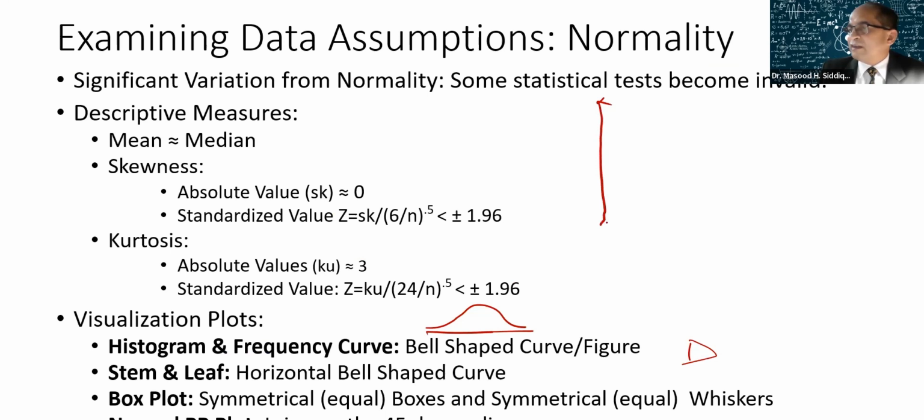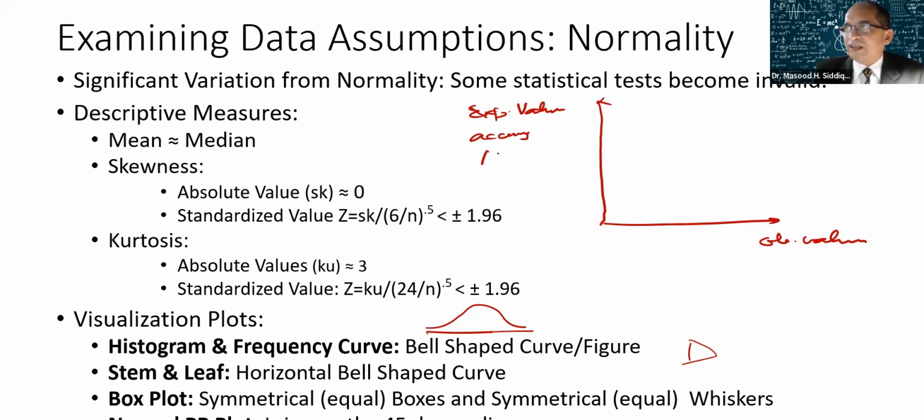So how normal probability plots, normal PP plots or normal QQ plots, can be drawn. Here on the x-axis, we have observed values, and on the y-axis, we have expected values assuming normality. Means on the y-axis, we have values that should be there if the data is normal.